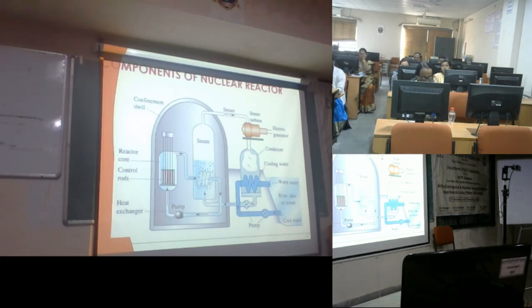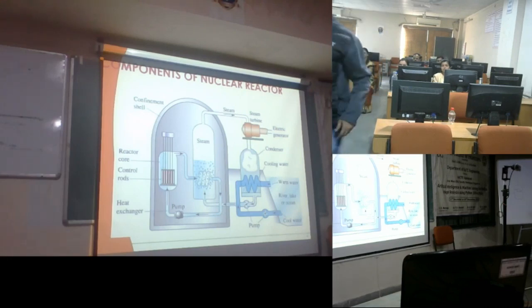So every component is designed for certain design parameters. Okay. Now, as and when the heat energy gets accumulated, this vessel is designed to sustain a certain temperature, for example, 3000 degrees centigrade or so, and beyond that, it can melt.